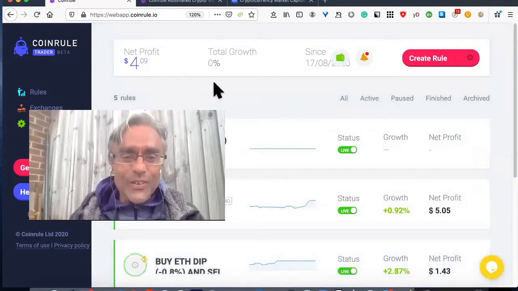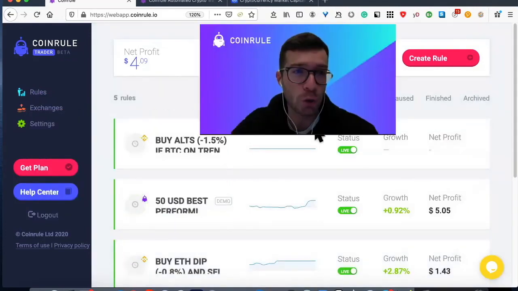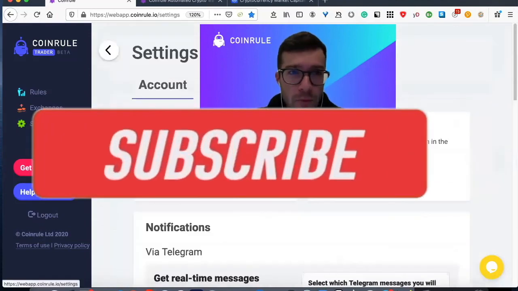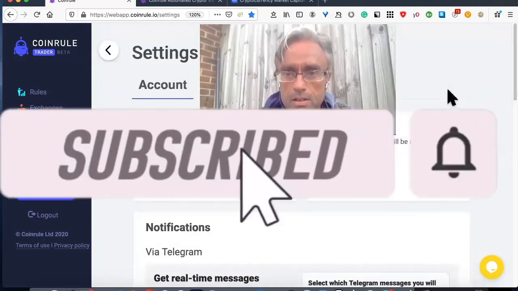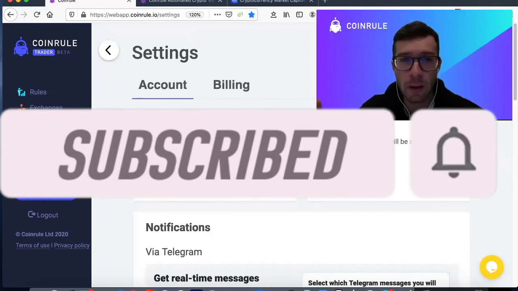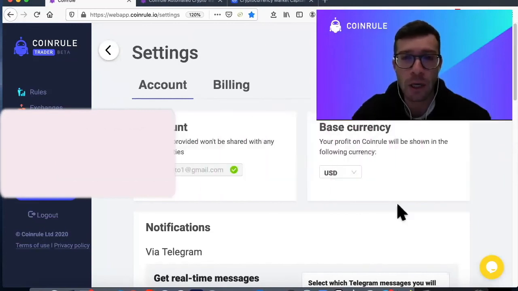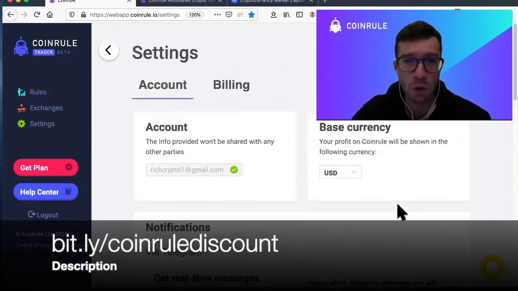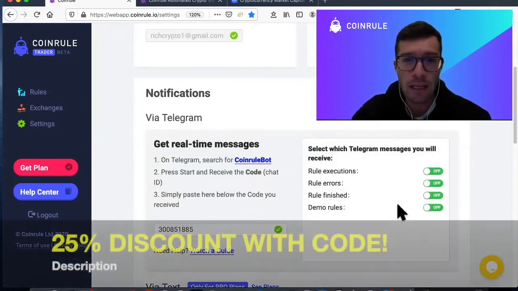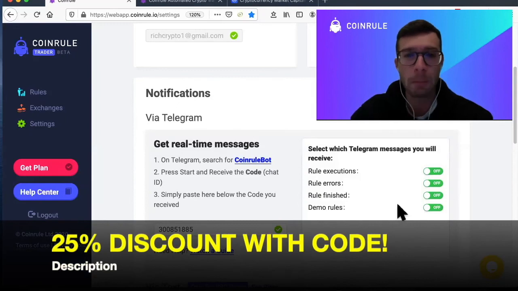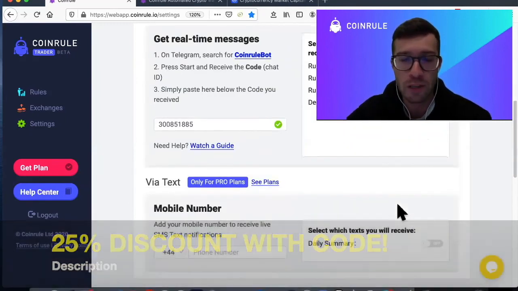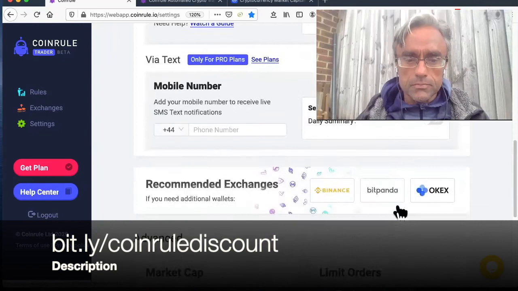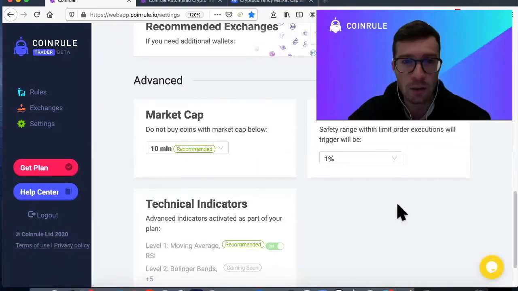Yeah. Okay. There is one cool thing that I want to show you. If you go in settings, remember that directly in our rule we set up the condition that we wanted to buy coins only above 100 million. If you scroll down, you can easily set this condition by default on all the rules that you run. Scroll down, there is advanced. Yeah, here we are.